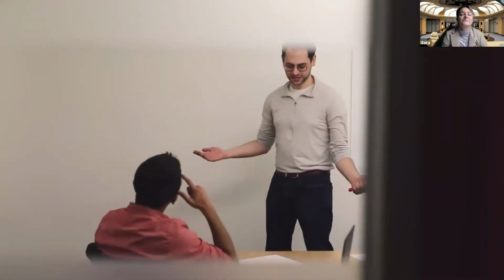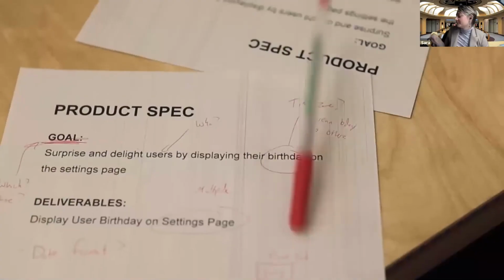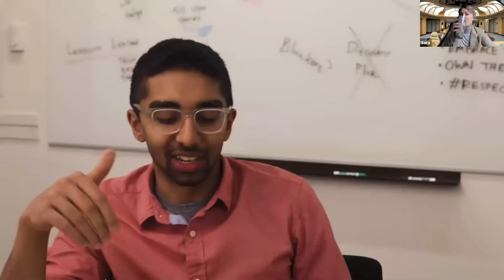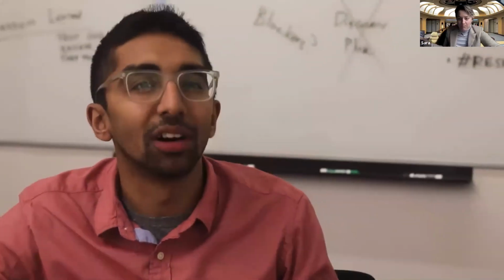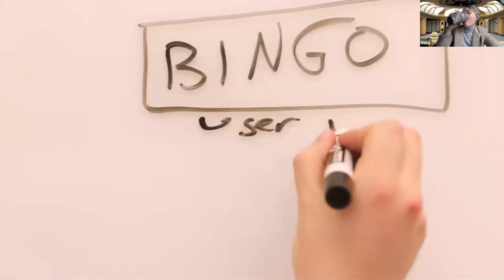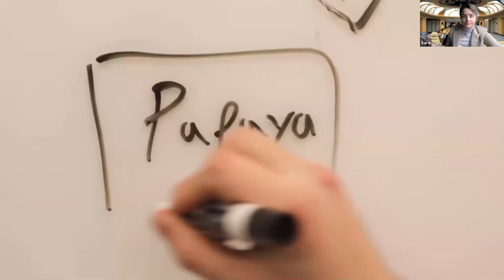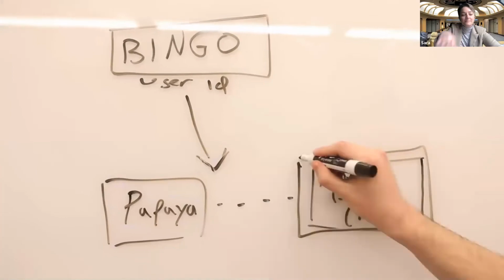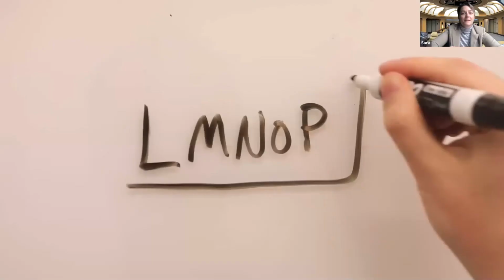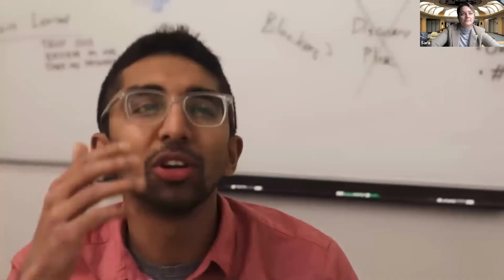Just one feature. Why is this taking 3 years? Look, it's not that simple, all right? I have priorities, my team has deadlines. I'm still not understanding this. Why is it so hard to display the birthday date on the settings page? Why can't we get this done this quarter? Look, I'm sorry, we've been over this. It's the design of our back end. First, we have to build a bingo service. See, bingo knows everyone's name-o, so we get the user's ID out of there. Then from bingo, we can call Papaya and MBS to get that user ID and turn it into a user session token. We can validate those with Omnop, and then, once we have that, we can finally pull the user's info down from Raccoon. Yeah, but couldn't the Raccoon team basically just... No, Raccoon isn't guaranteed to have that info.